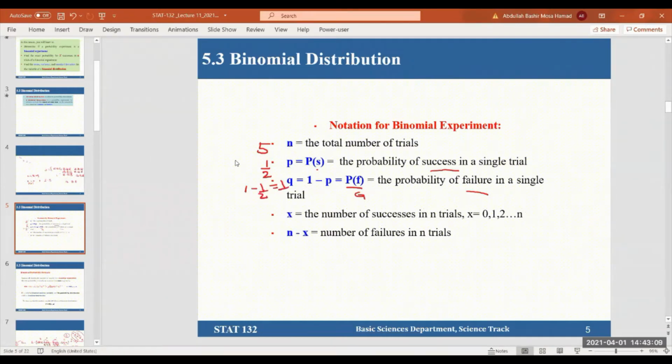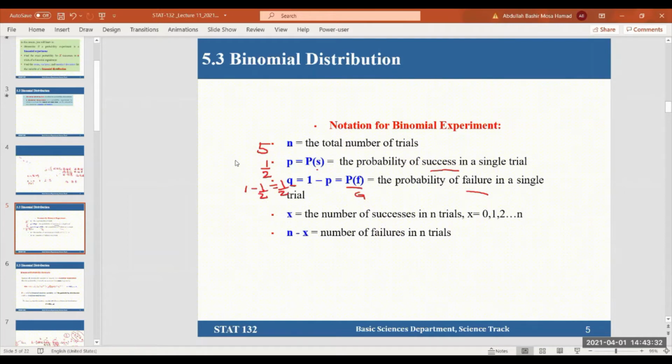So it is also half. We denote this by Q. So Q is the probability of failure, P is the probability of success, and n is the number of trials.